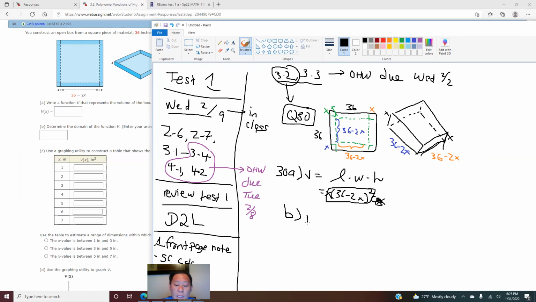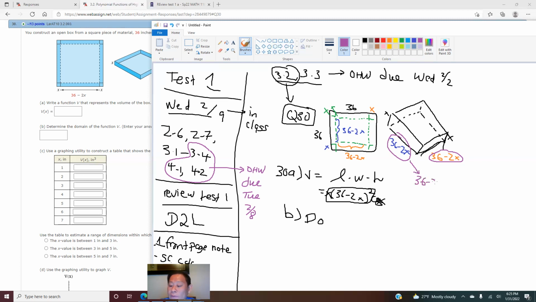For question 30B, they ask you for the domain of this function V. This is talking about the length, so in order to find the domain, it all depends on your X. Since these two are the same, you just need to solve for X here.